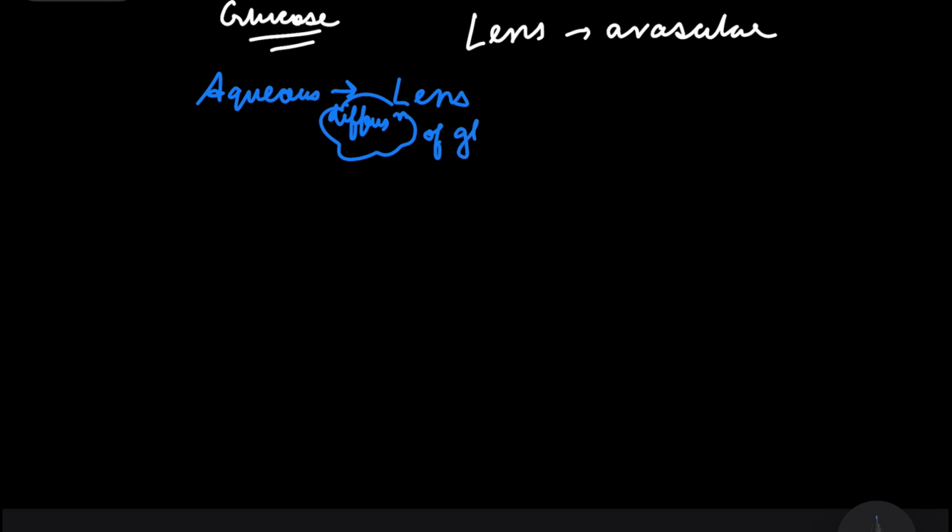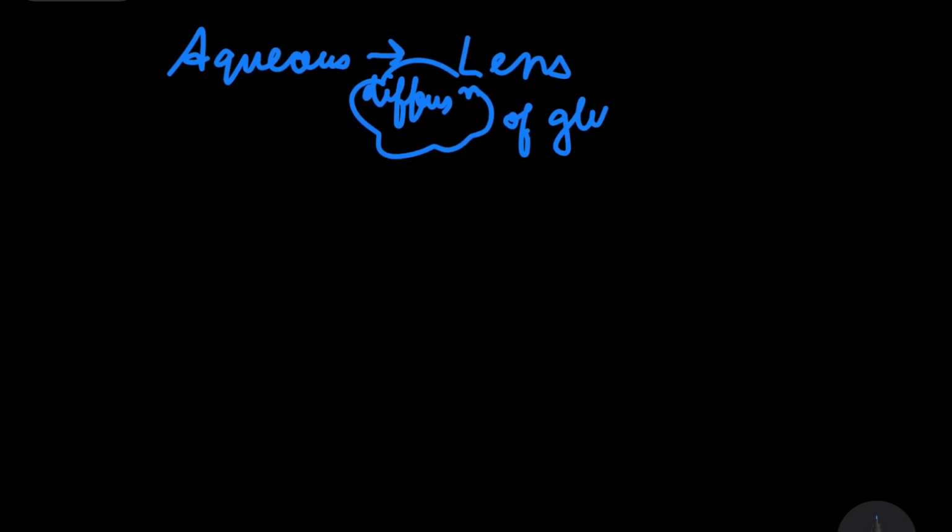So basically, where is glucose coming into the lens from? From aqueous to lens, there is diffusion of glucose.